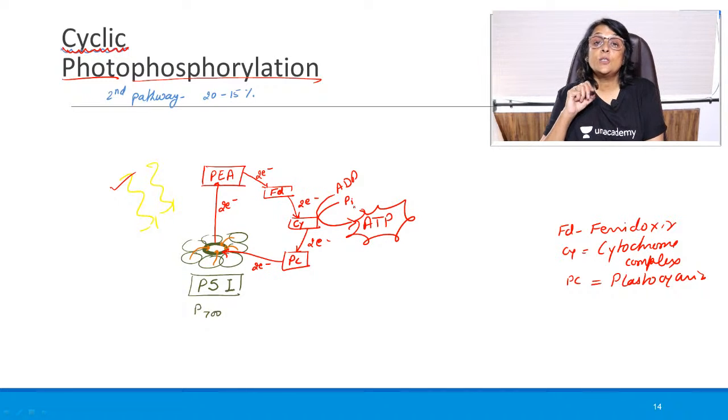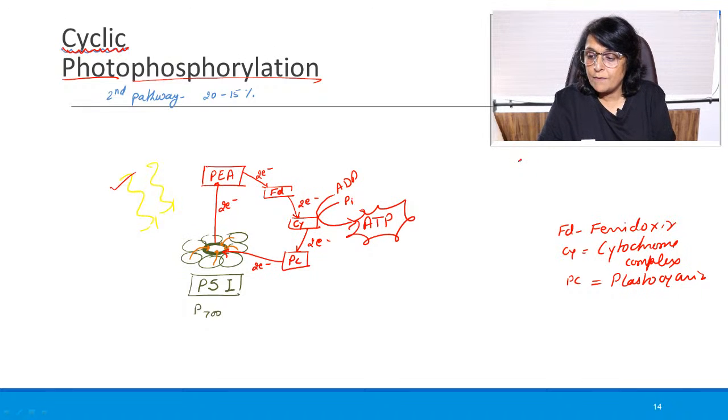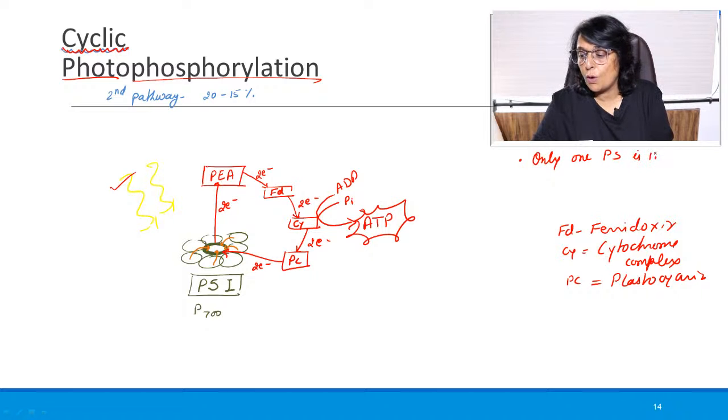Now in this pathway, only one photosystem is involved and the electron is coming back to the same photosystem. So do we need photolysis of water? Here, if we have to write the important points: only one photosystem is involved, and that is PS1.